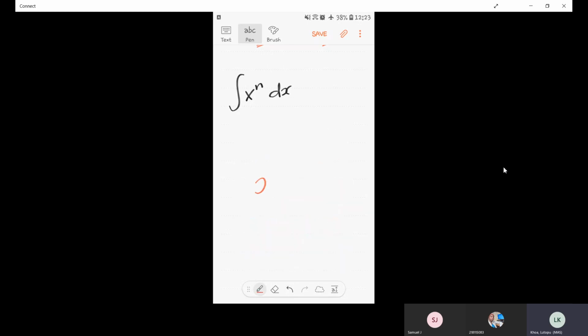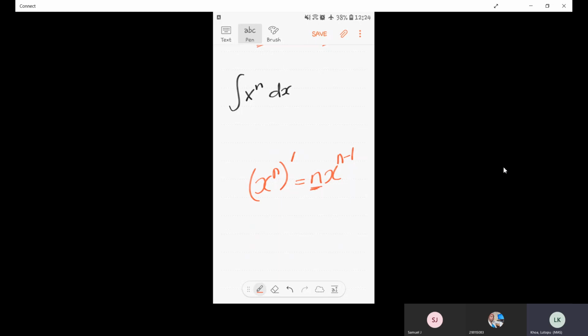When I gave you a function x to the power of n, and then I said differentiate this, remember the procedure: the n will come down, and then the exponent I will decrease by 1. So here we will do the opposite of bringing the n down. When I bring the n down, what I was doing is multiplying.